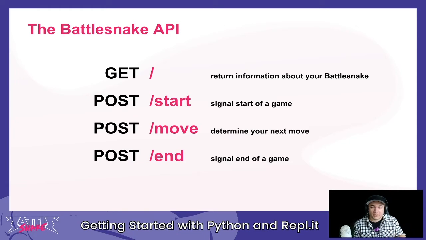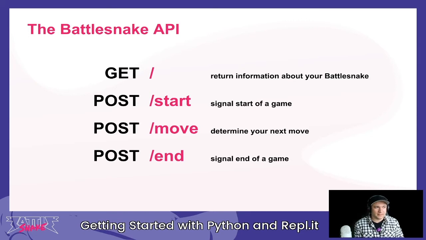The actual API is really straightforward. There are only 4 commands that your Battlesnake has to listen to, and 2 of them are actually optional. So the first command is just a get command on the root URL, and this should just return information about your Battlesnake.